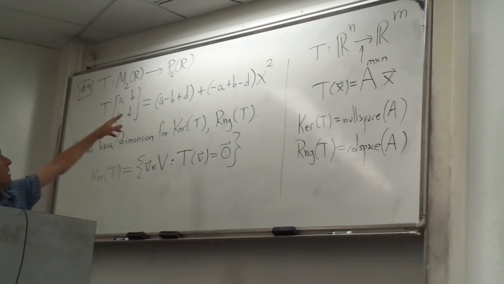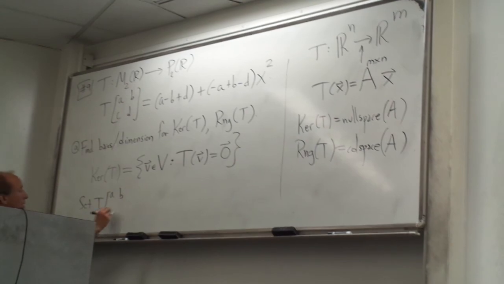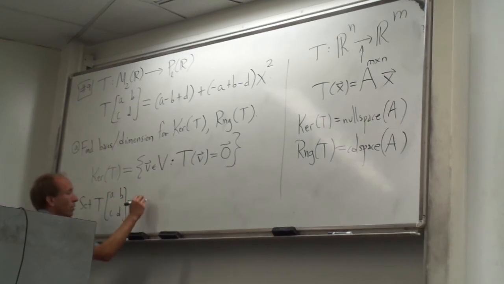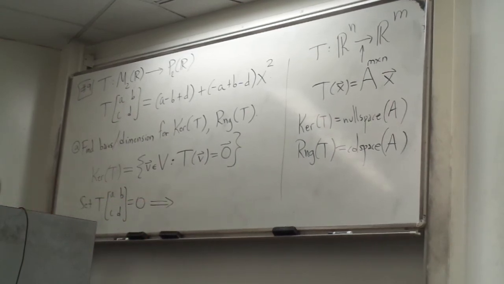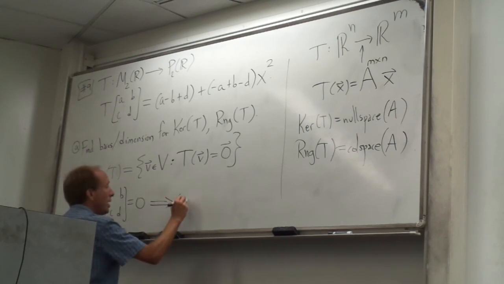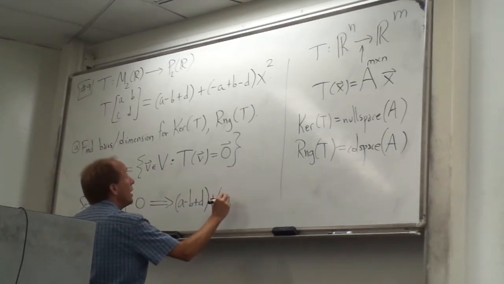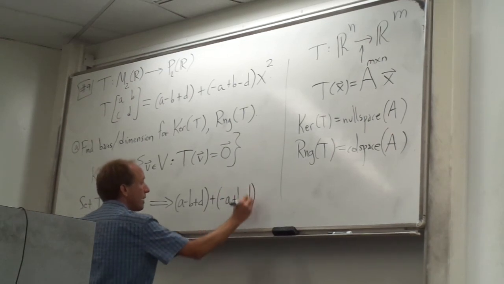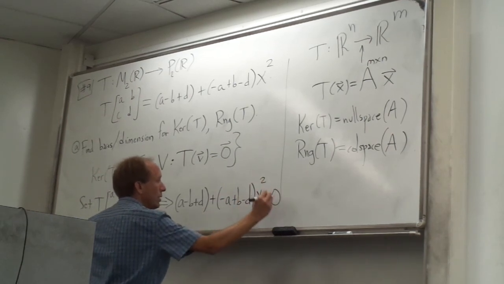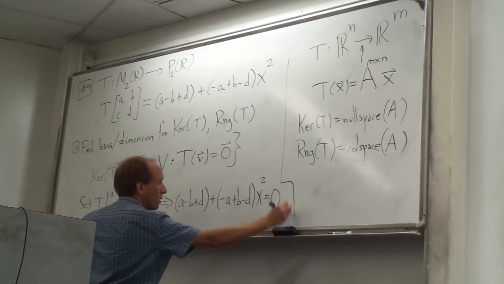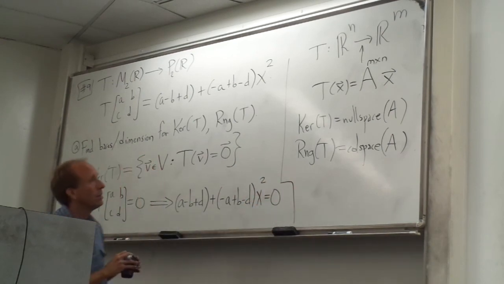In other words, you set the right-hand side equal to 0. So here, you're just going to set T of A, B, C, D equal to 0. Really, that just means that A minus B plus D plus negative A plus B minus D times x squared is equal to 0.